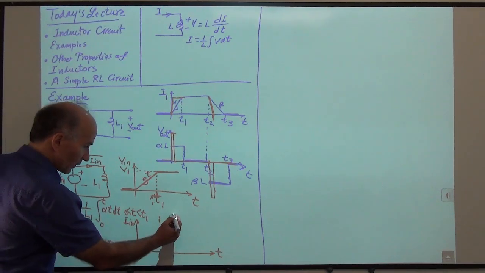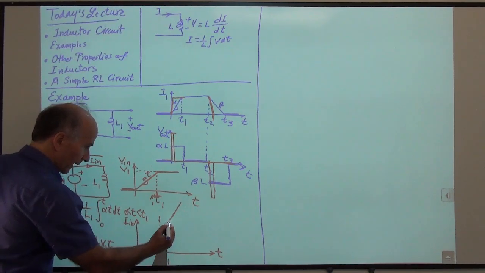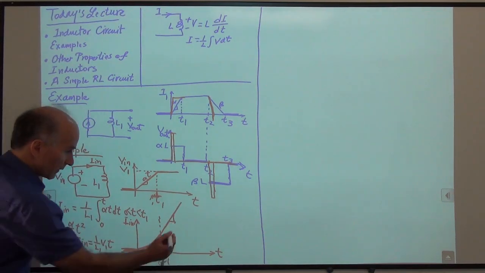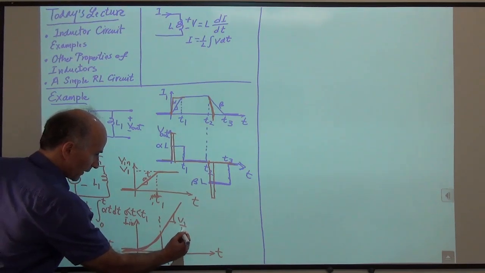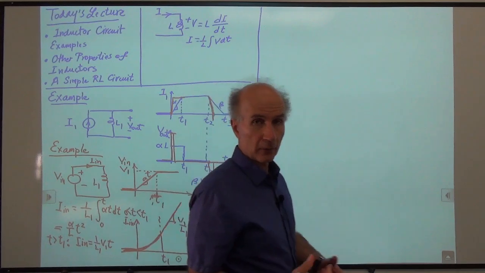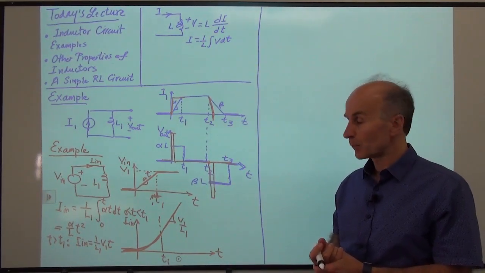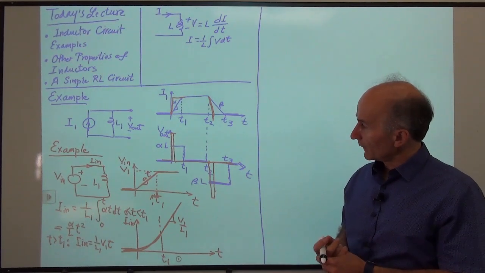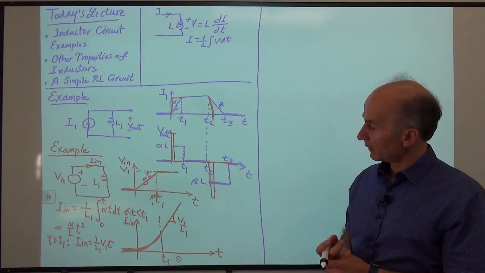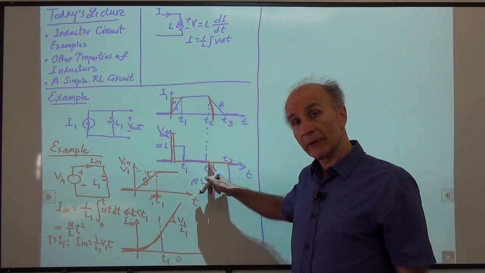So we have an equation of this form. So this is a straight line and has a certain slope, which is V1 over L1. That is the behavior of the current that flows through the inductor. So one thing that is particularly interesting here is that the current through the inductor grows unbounded, right?